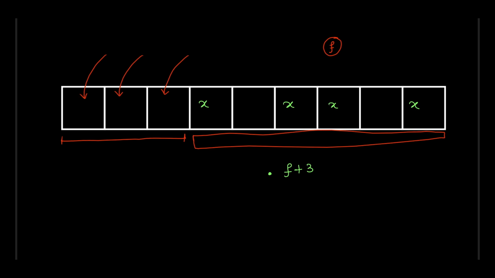Now if you try to apply that same trick by giving this element its own block, now notice what happens. Then sure, you have increased this 3 to 3 plus 1, right?